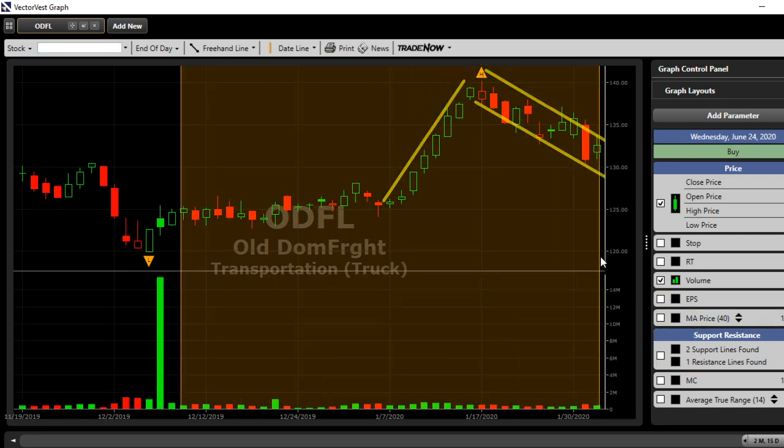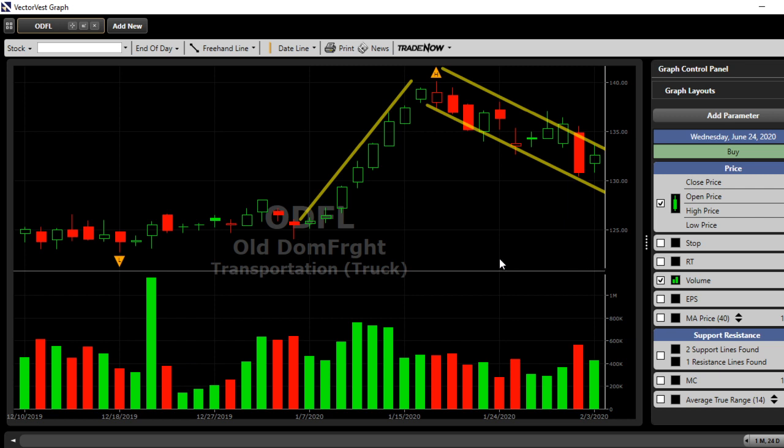Let's talk a little bit about what a bull flag is, how to recognize a bull flag. A bull flag is a continuation chart pattern, and some of the characteristics of a bull flag are, number one, you have a substantial, sharp move to the upside, particularly on higher volume.